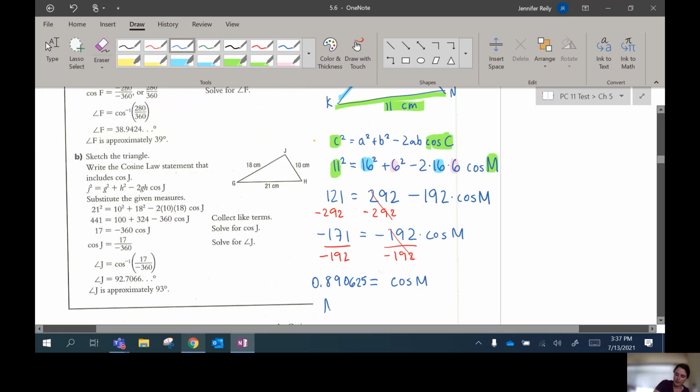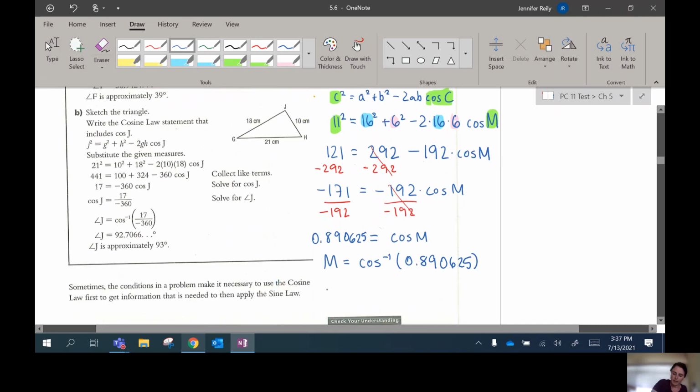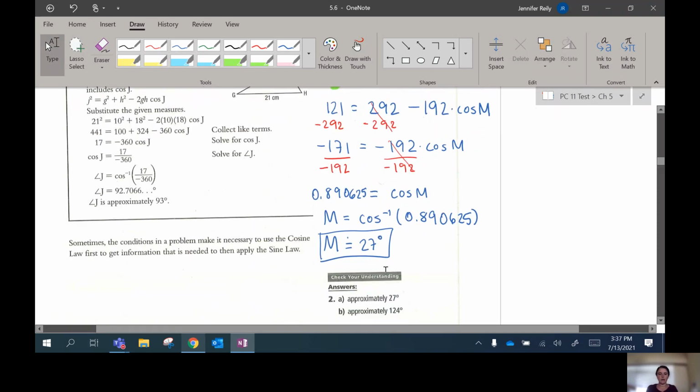So M would be cos minus 1, the inverse cosine of that ratio there, 0.890625. And that will give me, I can just type that in my calculator, an angle of approximately 27 degrees. Okay, there we go, check your understanding, yeah, 27 degrees.